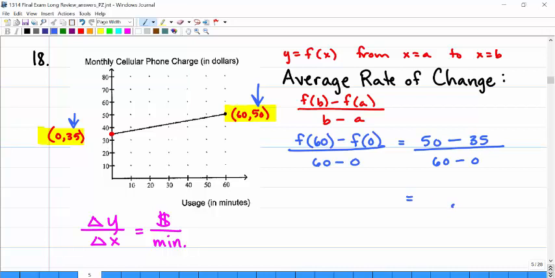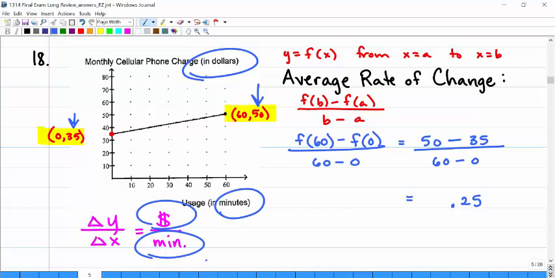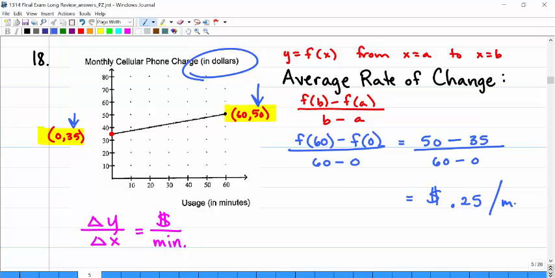That comes out to be 0.25. Now in this problem, my y values are going to be measured in dollars, and my x values are measured in minutes. My average rate of change is a change of y with respect to x. So this is going to be 25 cents per minute. Dollars per minute is my unit.